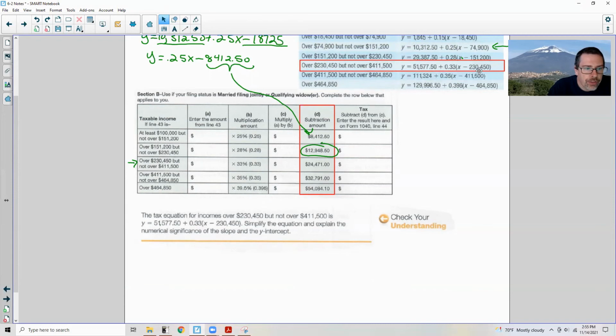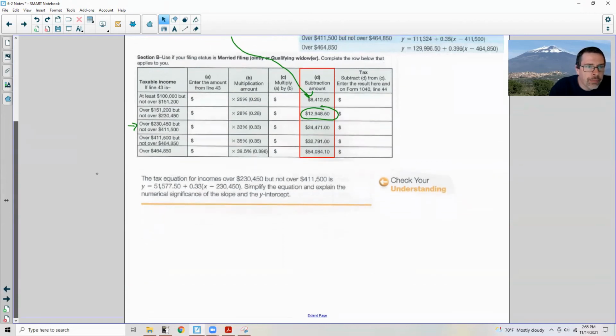And there's the equation. It says simplify the equation and explain the numerical significance of the slope and the y-intercept.